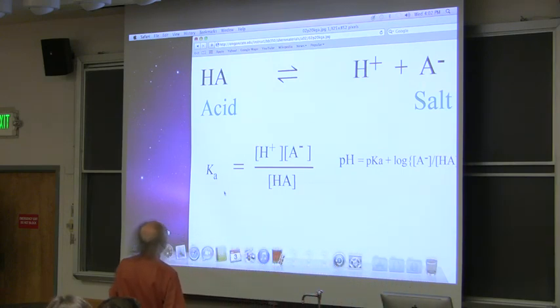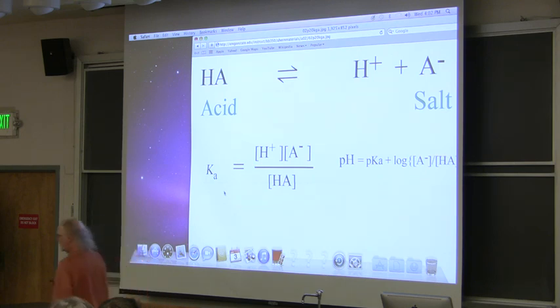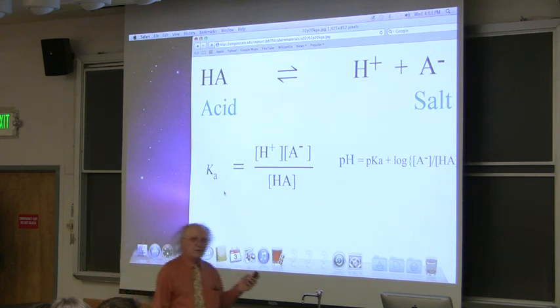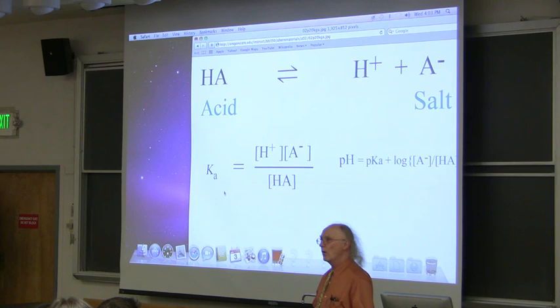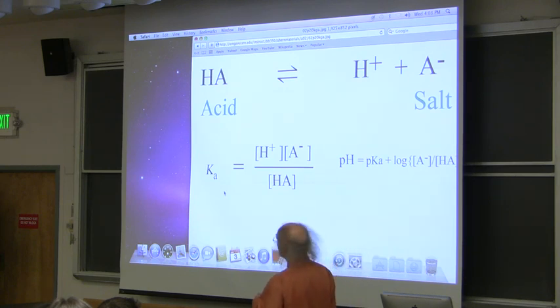Now, some people look over here and say, oh, that's a conjugate acid, conjugate base, and they make you memorize all these terms, and we're not going to do that. We're going to use 2 terms in this class. The term acid, weak acid, will refer to a molecule that has 1 more proton than a salt.